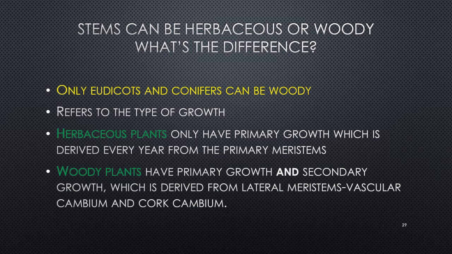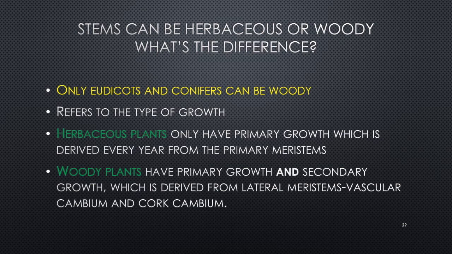So of angiosperms, only eudicots can be woody. Now, our conifers can also be woody, and conifers, remember, are gymnosperms. So those are the two types of plants that can be woody, either angiosperms that are eudicots or gymnosperms that are conifers.